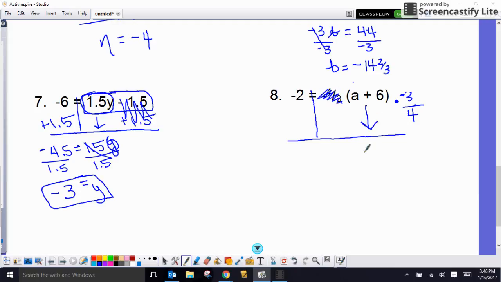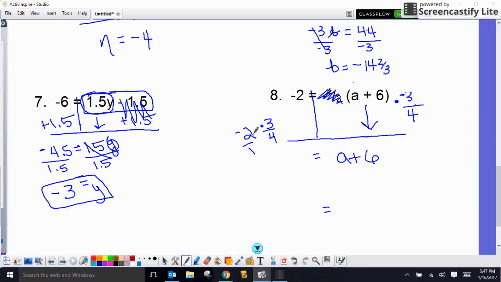So the only thing I'm bringing down is a plus 6. Okay, so if I multiply by -3/4 here, I'm multiplying by -3/4 on this side and bringing down my -2. So -2 times -3/4, bring down my equal sign. Okay, this is like over 1.